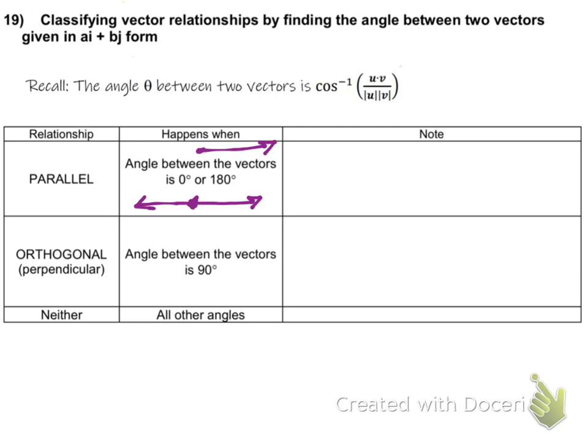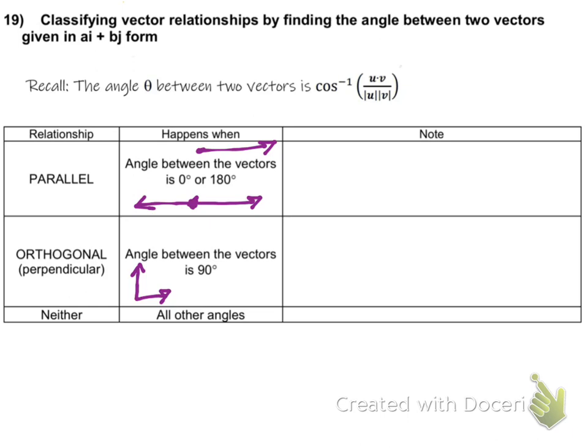Orthogonal is a fancy word for perpendicular that we use with vectors, and orthogonal means the angle between them is 90 degrees. All other angles are just going to intersect somewhere, right? They're going to have some sort of angle between them that's not 0, 90, or 180.